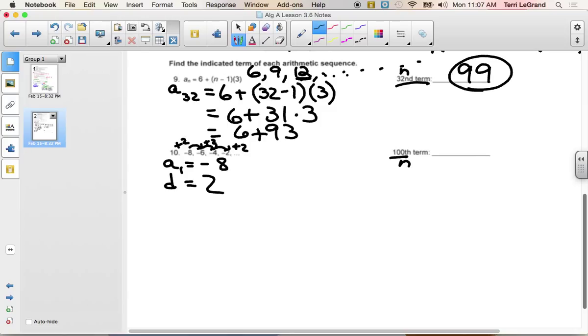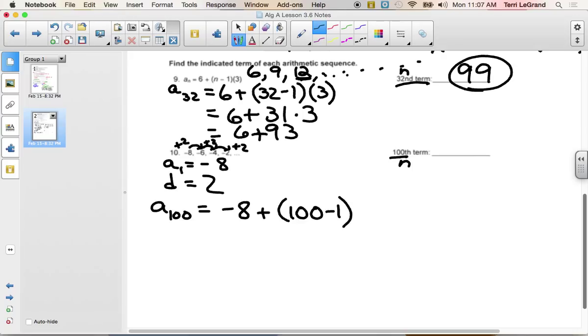So I think we have enough information now to set up our problem. We are looking for the 100th term. So a sub 100 equals, start with the first term, add 100 take away 1.